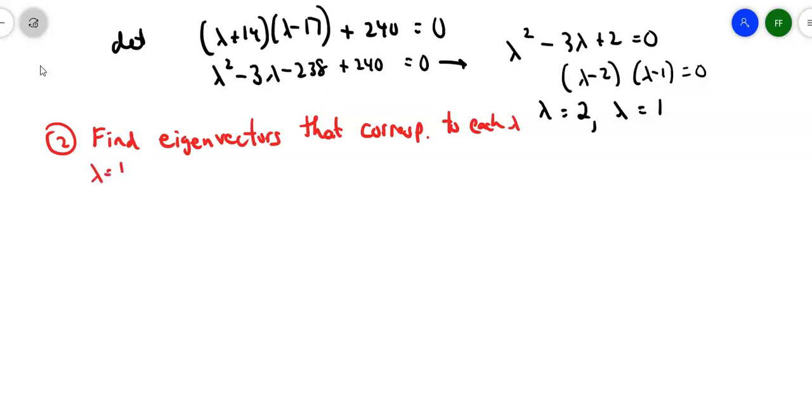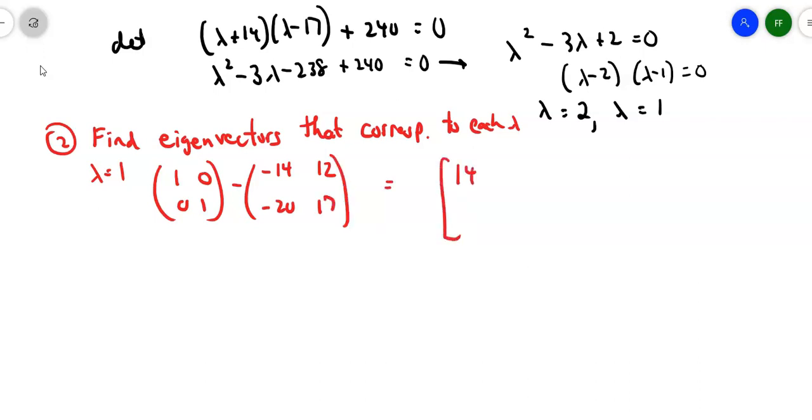So for lambda equals 1, lambda I gives me 1, 0, 0, 1, minus the original matrix, negative 14, 12, negative 20, 17. All right, so that gives me 14, negative 12, positive 20, negative 16, and then, no, 1 minus a negative 14 is 15.